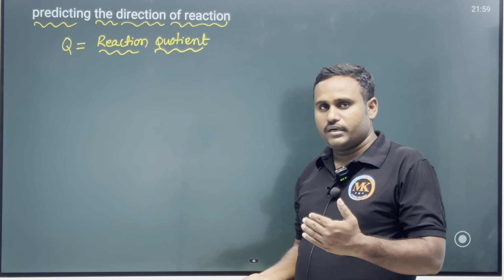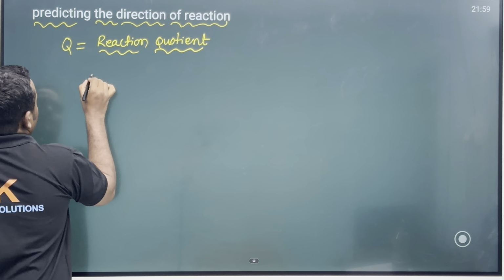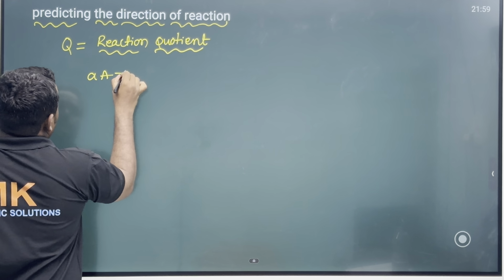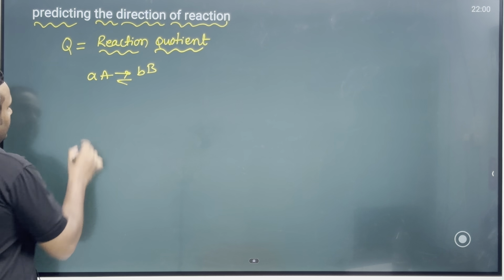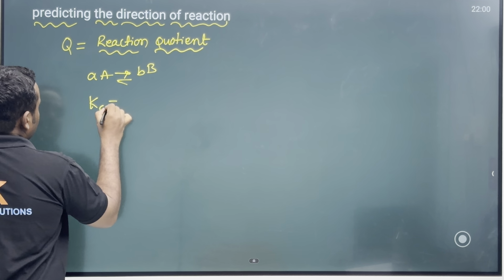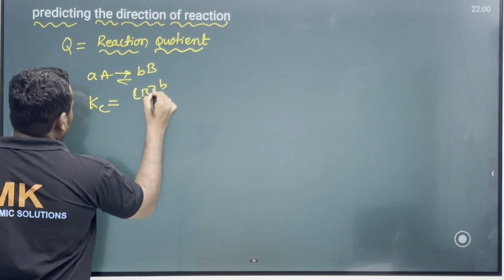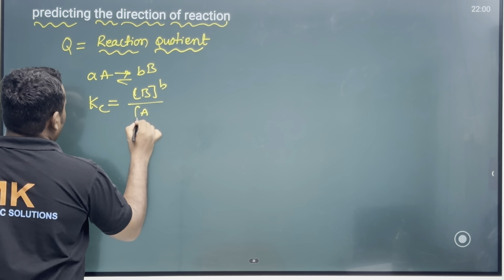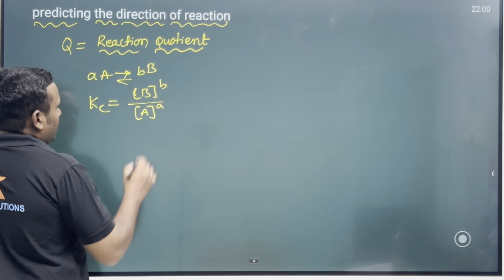Simply I will write here: a moles of A gives rise to b moles of B in a reversible reaction. So here Kc is the concentration of B power b over the concentration of A power a.